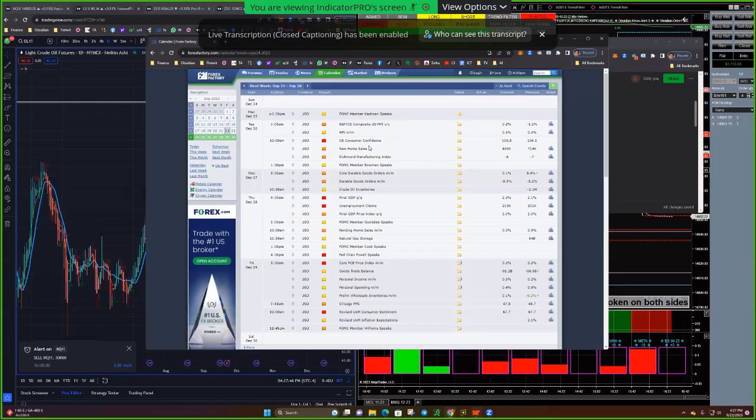The final GDP, the quarter over quarter, is coming out on Thursday. So that's a red folder, as well as the unemployment claims. The challenge with the unemployment claims is that it is expected to be higher.